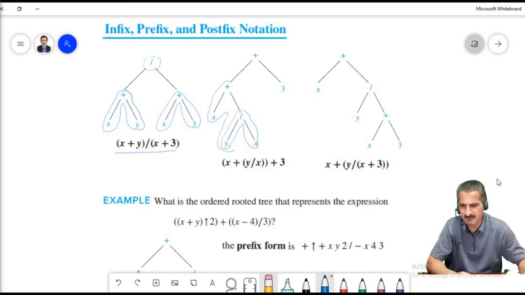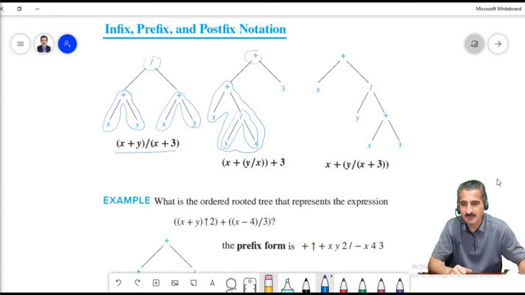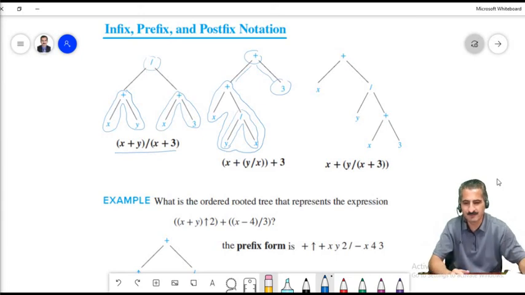Okay, maybe I will draw this. So y over x plus x. Once we are done, we will add all that to 3. So y over x plus x, add all that to 3. Okay, let's see what we get here. We will add x plus 3. Once we are done, we will divide y over x plus 3.